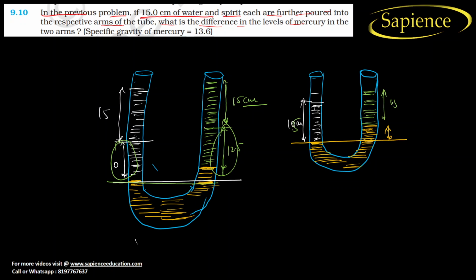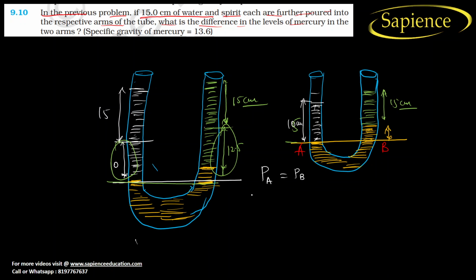In this direction also 15 centimeter. Now let us consider this as point A and this as point B. So the pressure at point A will be equal to the pressure at point B. Now let us put pressure at A is equal to pressure at B.